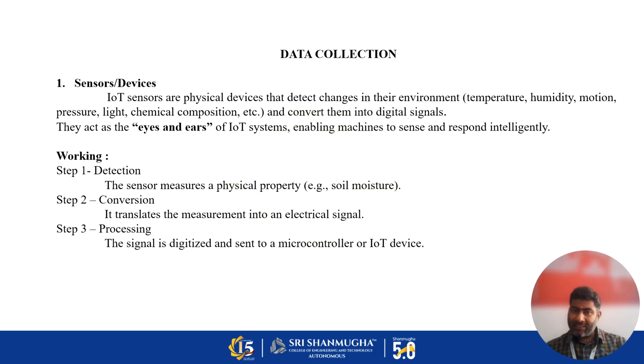All these changes can be collected as data and then we can process those data. Based upon our own applications, we will use different types of sensors such as temperature sensor, humidity sensor, light sensor or chemical composition sensor. There are lots of types of sensors, but based upon your own application you will be using a particular sensor.